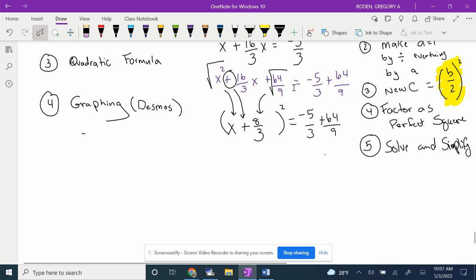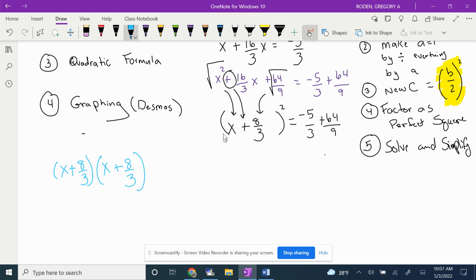You guys see that? I factored it. If I actually multiply this out, if I actually took x plus 8/3 squared, I'd multiply it again by x plus 8/3, I would get this without the square roots. You guys see that? Remember, we're reversing the process.